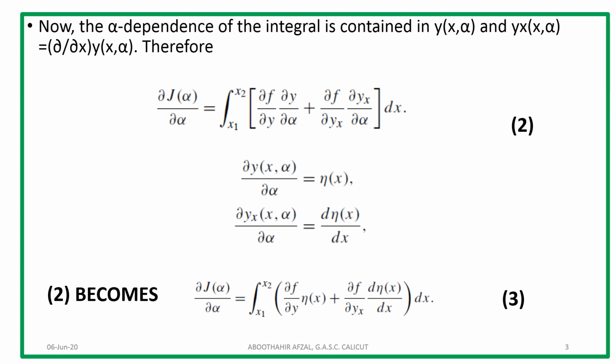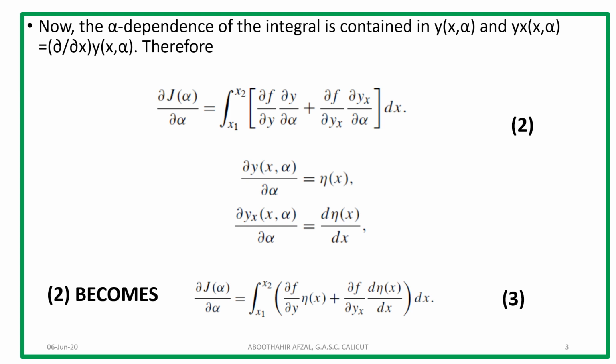So you have to substitute the two terms in equation 2. Instead of dou y by dou alpha, you put eta, and instead of dou y_x by dou alpha, you put d eta by dx.